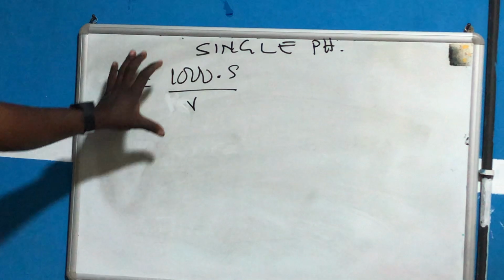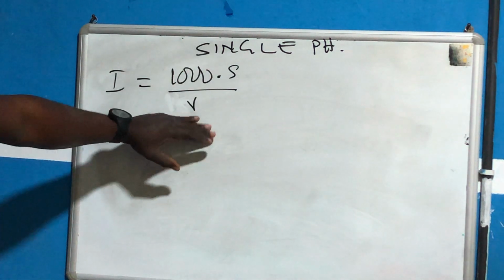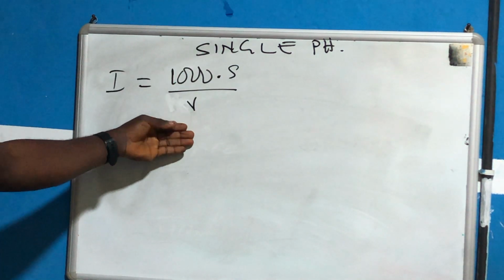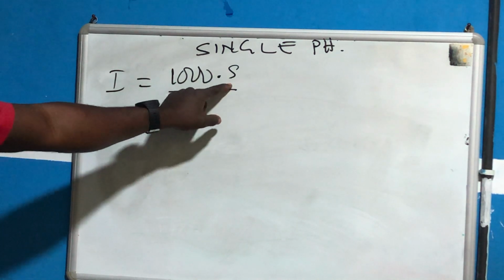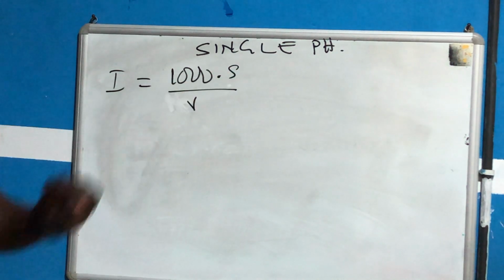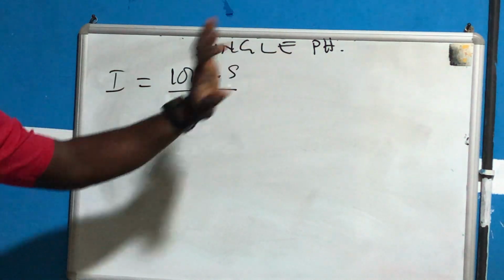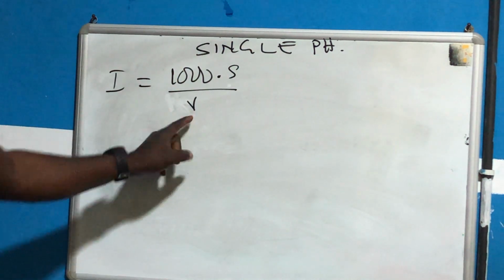S represents the rating of the generator, which is kVA, and the V is the voltage.